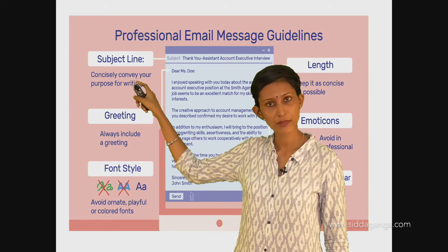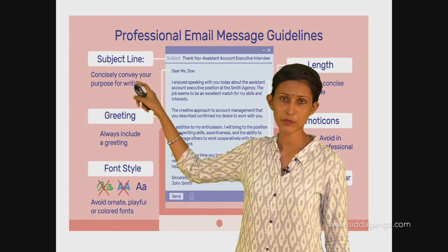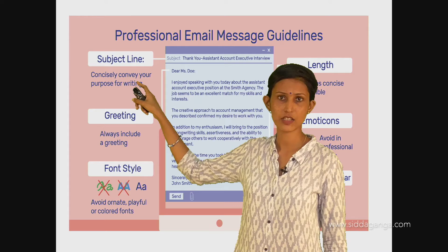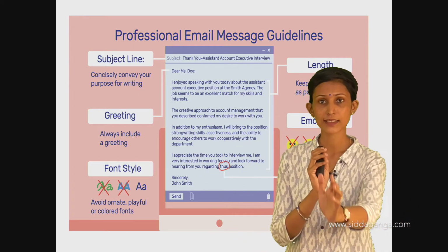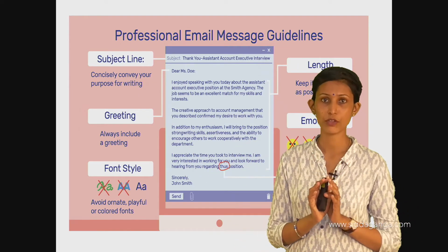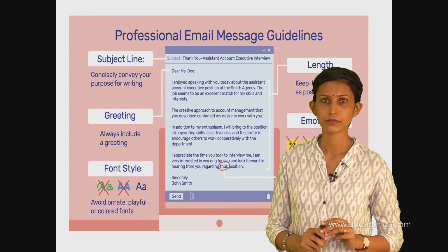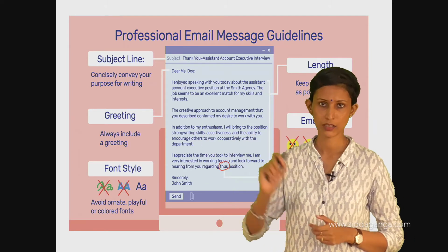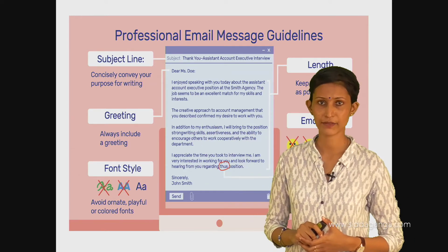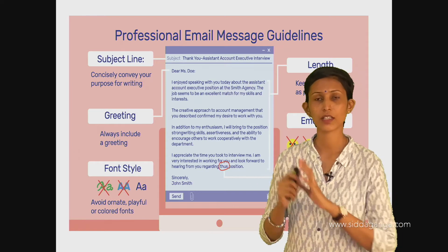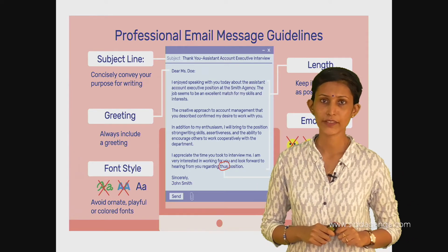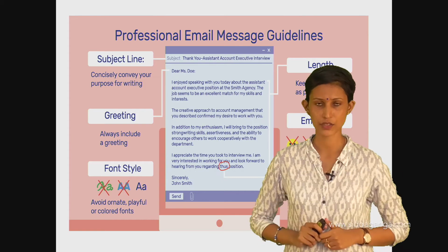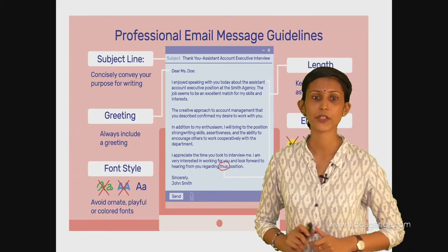Now if you're writing to the headmistress, the principal, your class teacher, whoever it is, and you want to ask for a leave of 1 week: permission for leave, or permission for so and so purpose. If you want to invite somebody: invitation for the college day. I hope you get it.